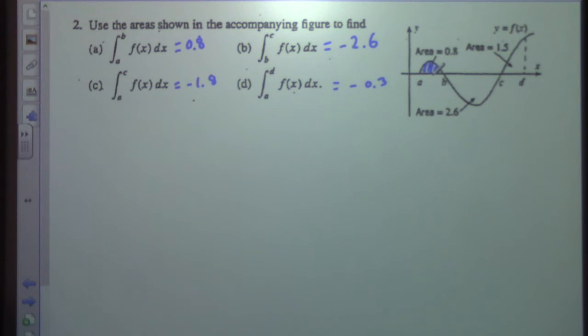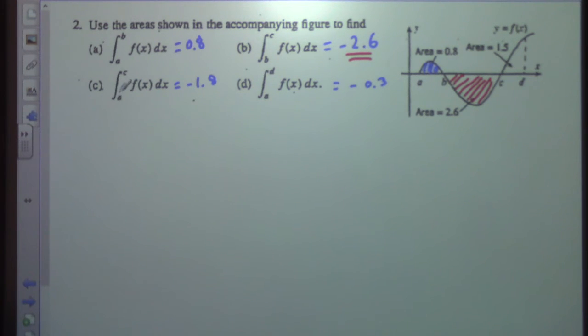All right? And from B to C, it's all this area here, which is identified as 2.6. But since that area occurs below the x-axis, that's what makes this negative, because this red area is below the x-axis.